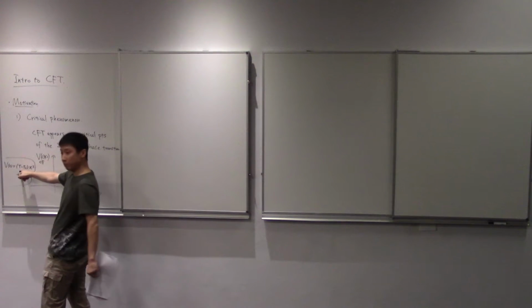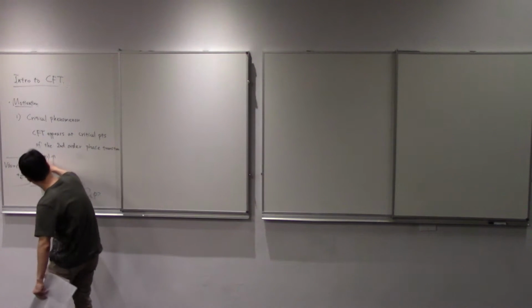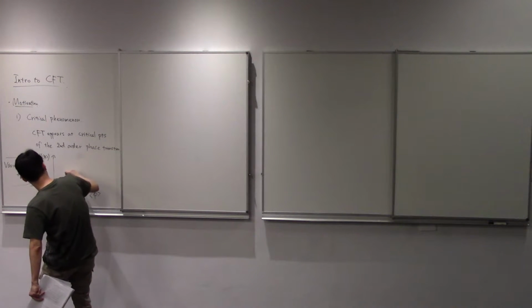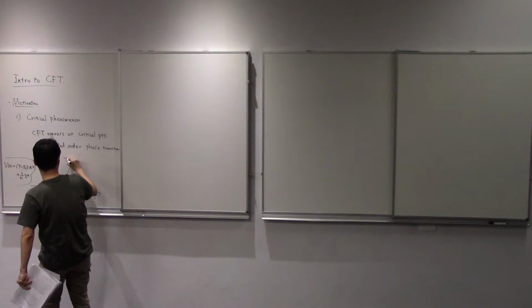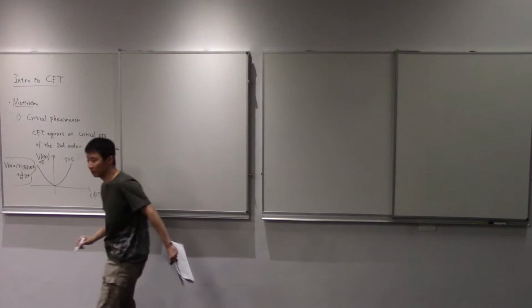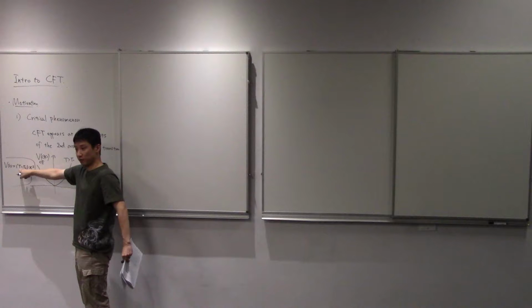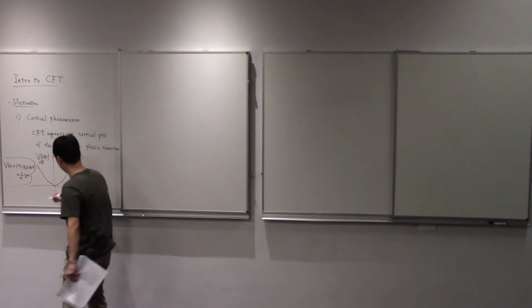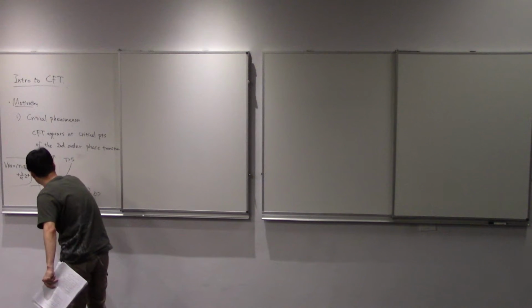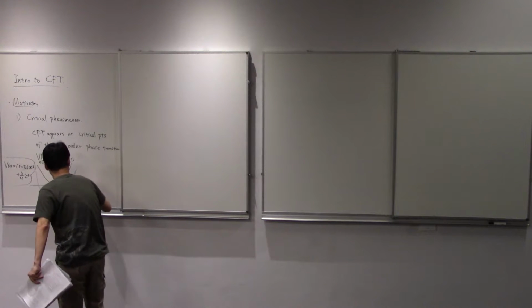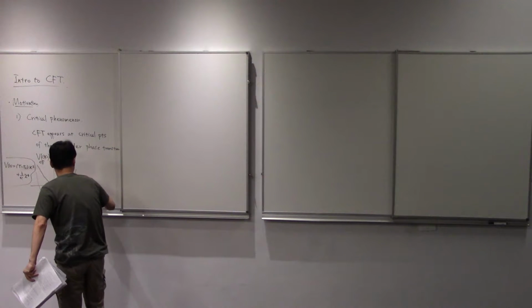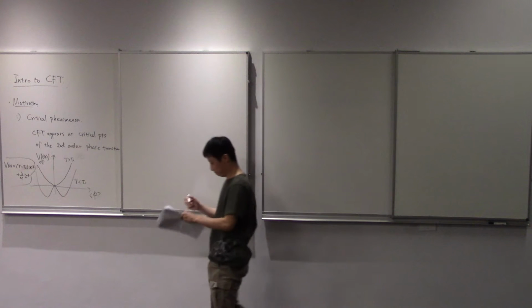When the temperature is large enough, your potential looks like this. This is T greater than Tc. And then if the temperature T goes below the critical temperature, it looks like this. So this would be T below Tc, right?